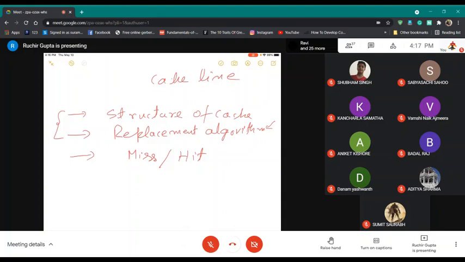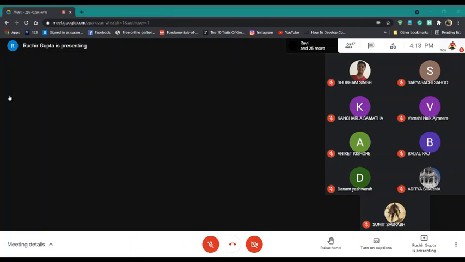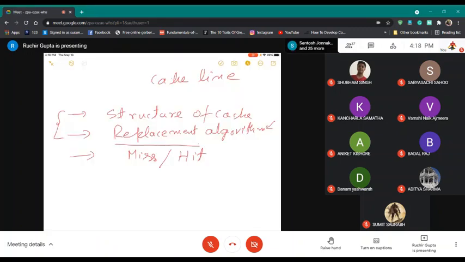But in case it's full, you have to remove something from the cache memory to keep this data in the cache memory. So while doing this, you have to do a certain kind of replacement by which you are removing something that was earlier there and putting something new that was not there. So how to do that? That comes under replacement algorithm.